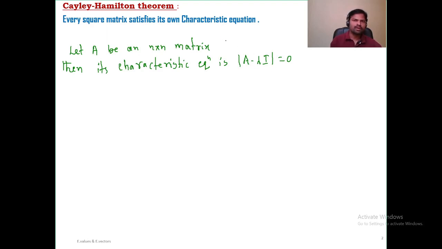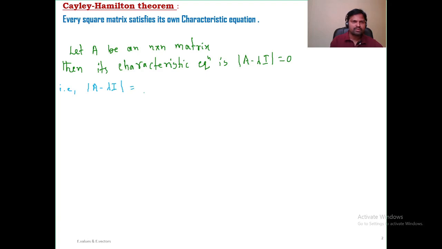Now I want the characteristic equation according to the theorem statement. So what is the general form of the characteristic equation? I'm explaining roughly, it is not the proof. I am telling what happens behind the screen.